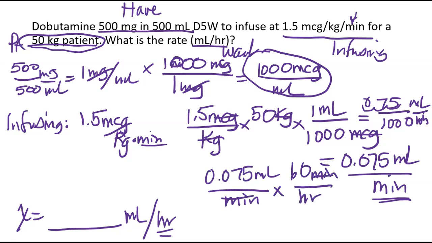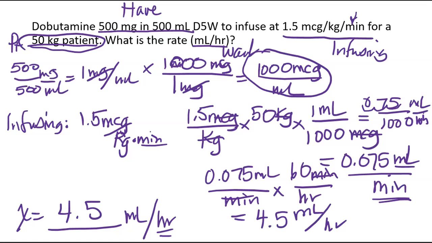Cross out the minutes, then we get our crazy number that looks like it's insane, 0.075, and we multiply it by 60, and we get 4.5. That's actually the answer, 4.5 milliliters per hour. We've just converted this to hours, so this is milliliters per hour, and that's what we set the pump at. That's the pump rate.